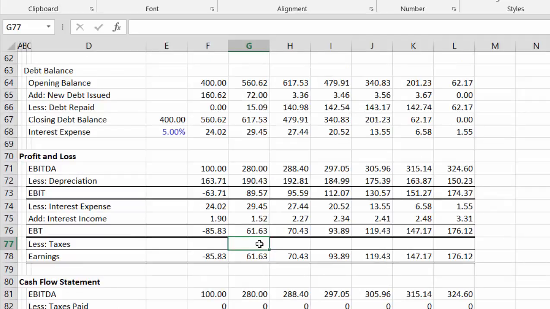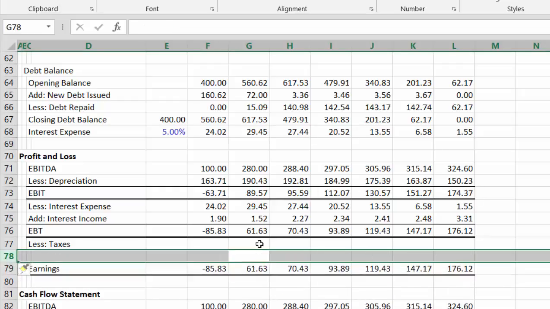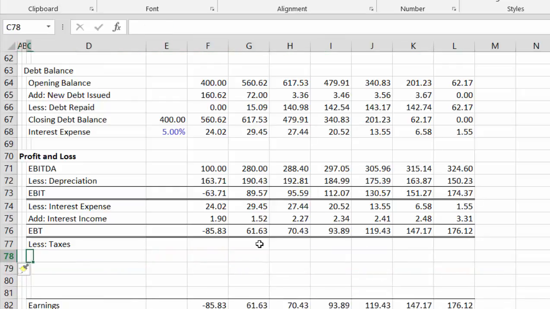Now, to include an operating loss, net operating loss, I can put opening NOL balance. It's really that. It's not the actual net operating. Yes, it is the operating loss.